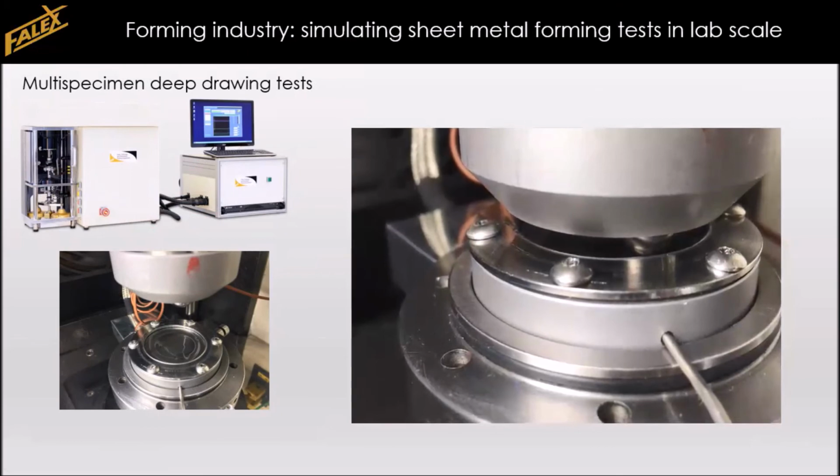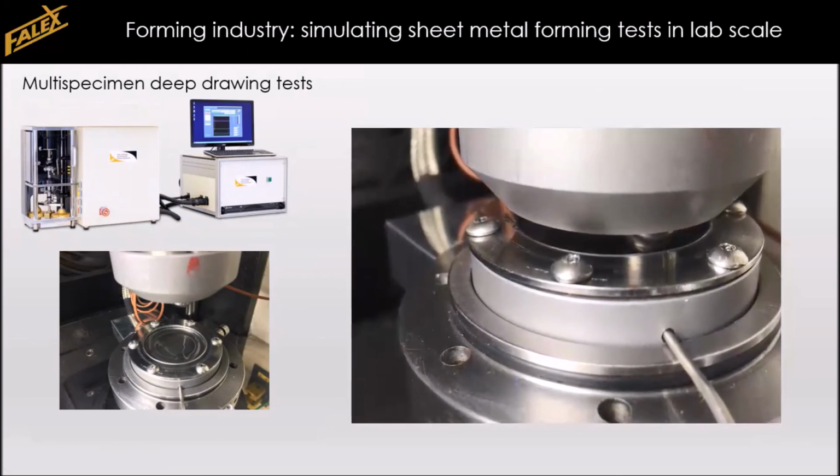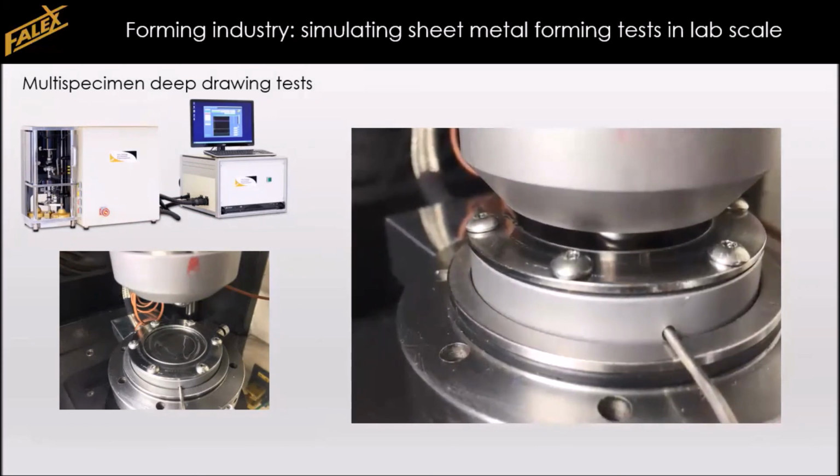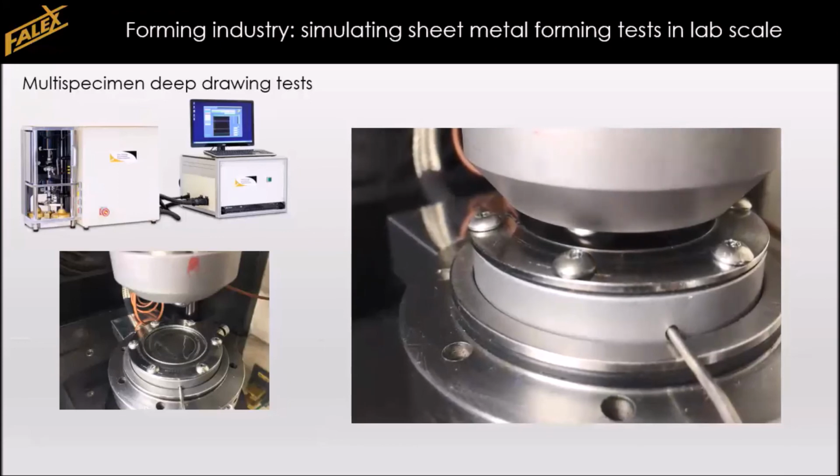A ball is used as a tool material, it's pressed into the sheet, and then it is started to move. During this rotation, we are registering the frictional torque. Because the sheet is allowed to deform a little bit, it is a closer simulation of what happens in reality.